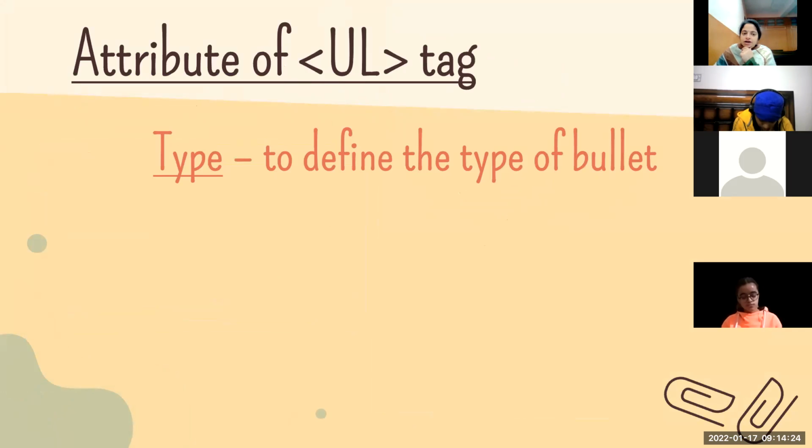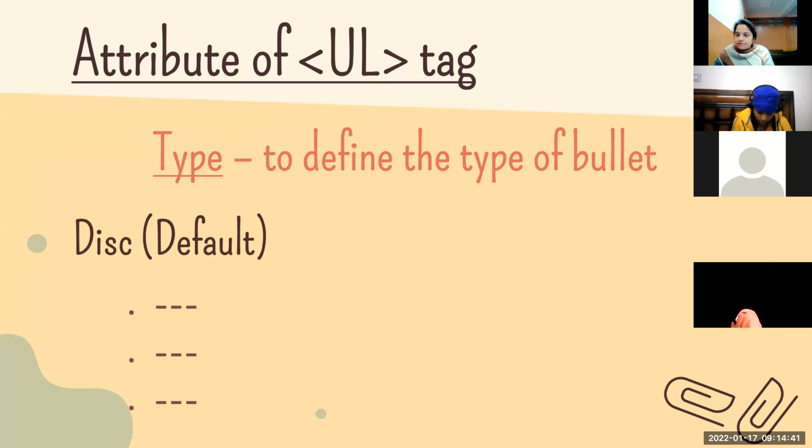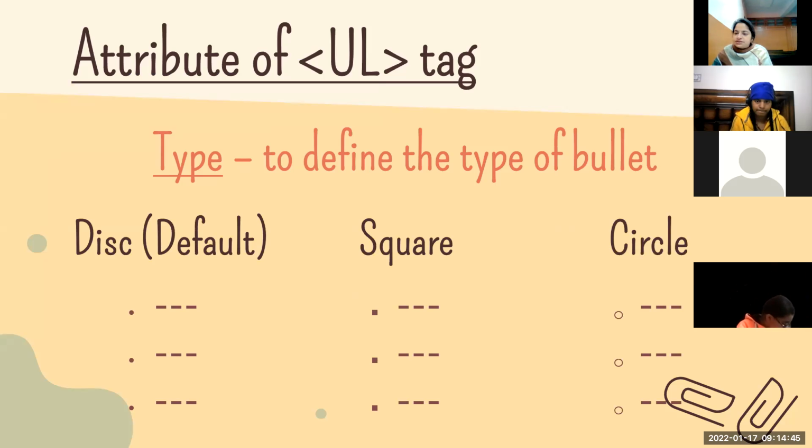First of all, note down attribute of UL tag. What is the attribute of UL tag? Only one attribute is used with the UL tag, that is type. Type attribute defines the type of bullet. There are three values which we can give to the type attribute: disk, square or circle.